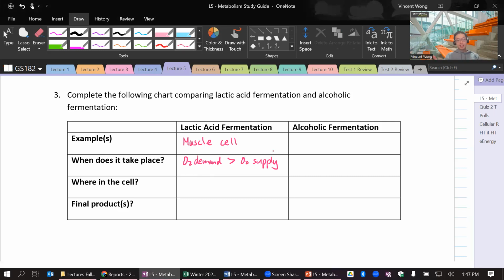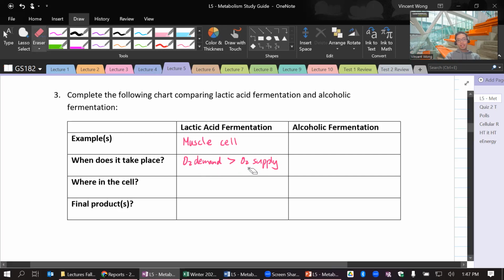If you run as fast as you can, maybe after 2 or 3 minutes, the oxygen going to your leg muscles is not going to be able to keep up with the demand in those leg muscles. So when the demand exceeds supply, you don't have enough oxygen.